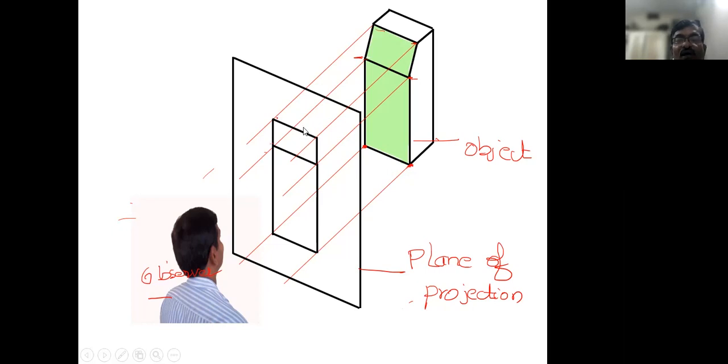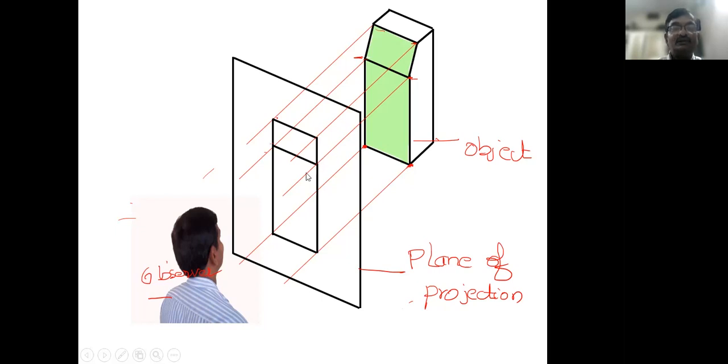Now one picture, one view, is formed on the plane. This is called an image, or view, or orthographic view.